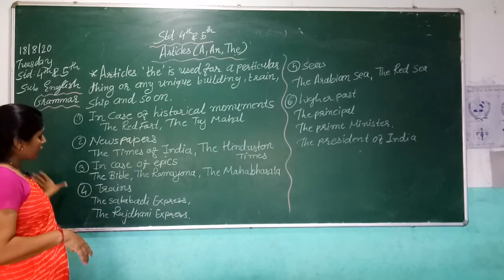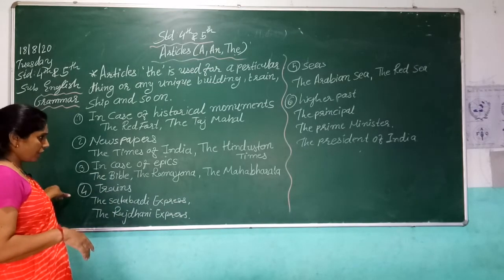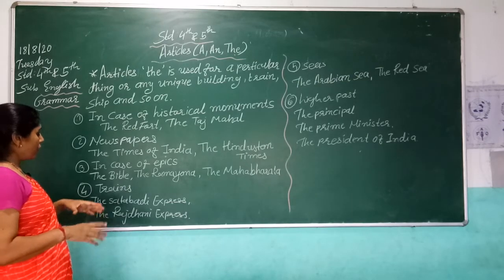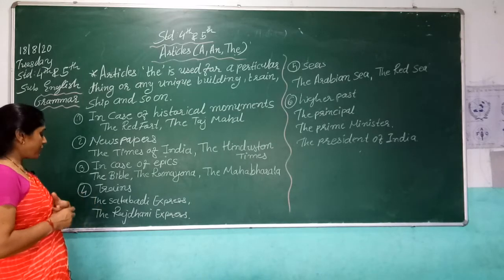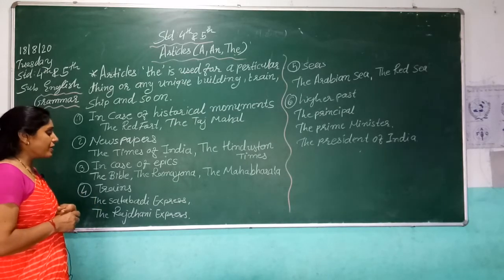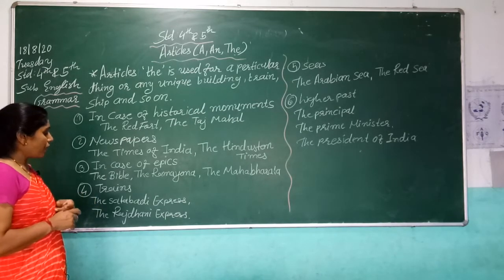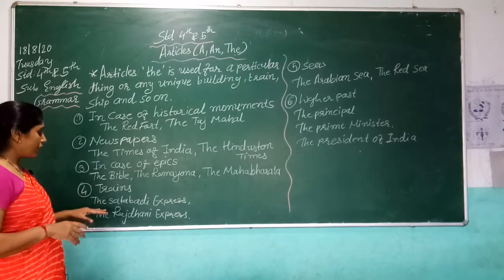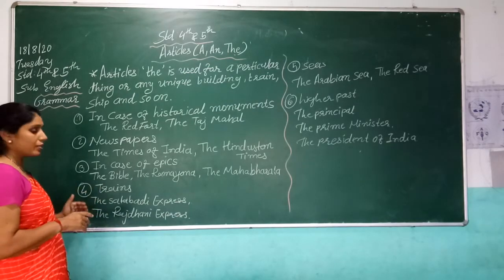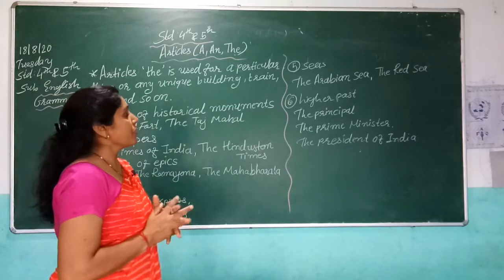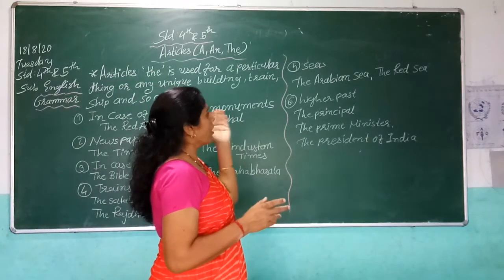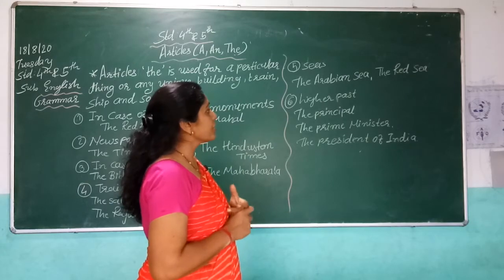Then the train. We have some specific trains, just like the Shatabdi Express, the Rajdhani Express. Then we can use the article before them. Then the sea. We have the Arabian Sea, the Red Sea.